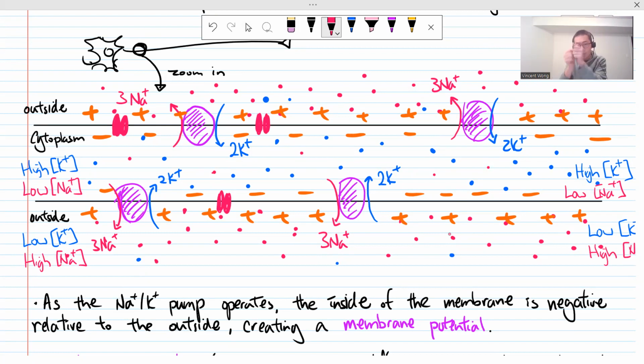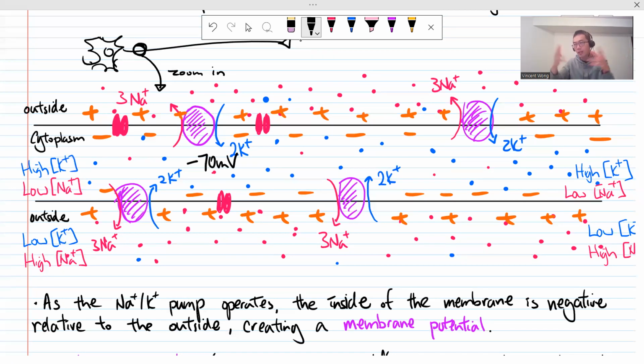The voltage sensitive sodium channels are closed. It's not open yet, because what number are we sitting at right now? What is the number for the membrane? It's minus 70. At minus 70, none of the doors are open.